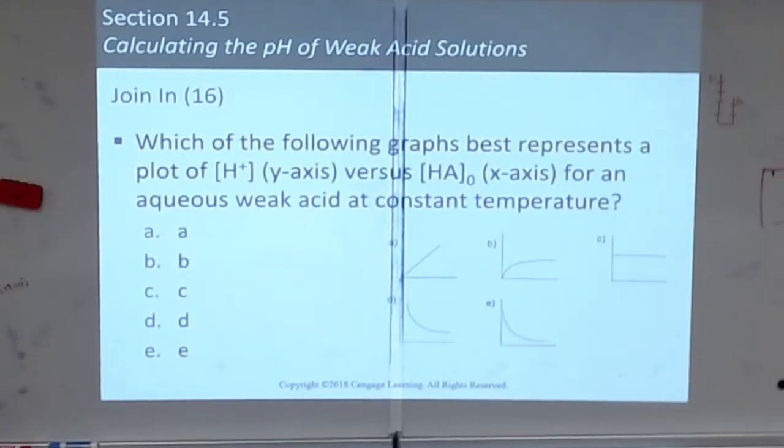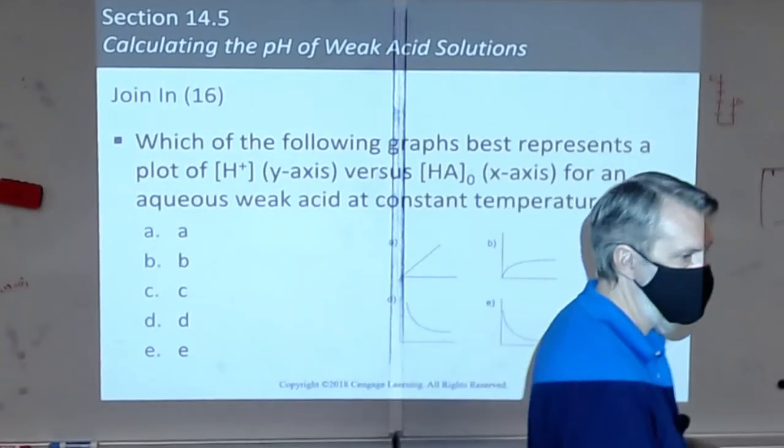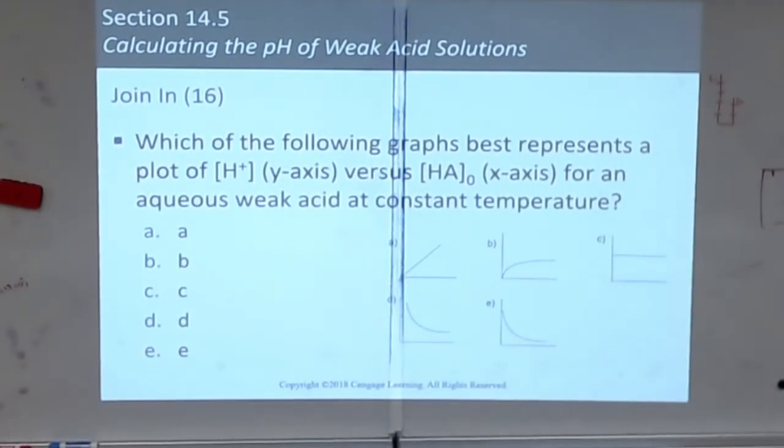All right. Which of the following best represents the plot of hydrogen ions versus the acids? Any kind of generic acid there. Weak acid, right? You should be able to eliminate some of them.